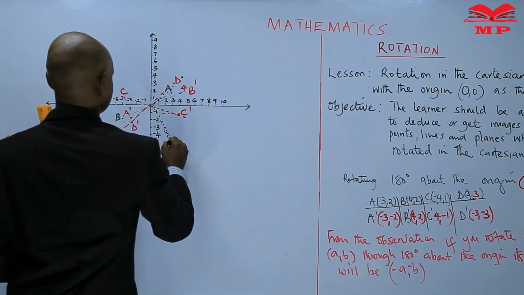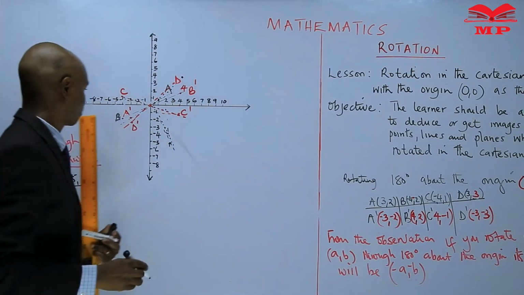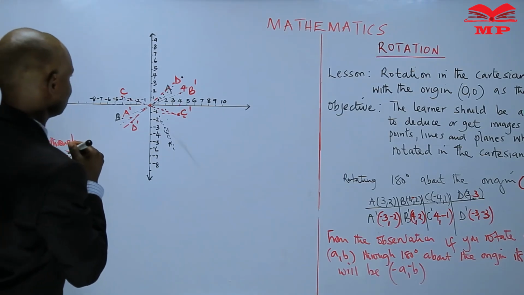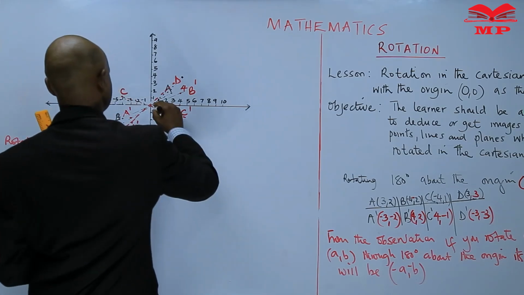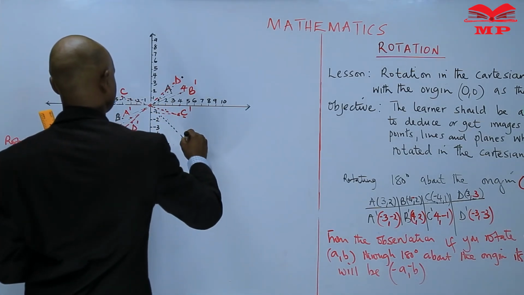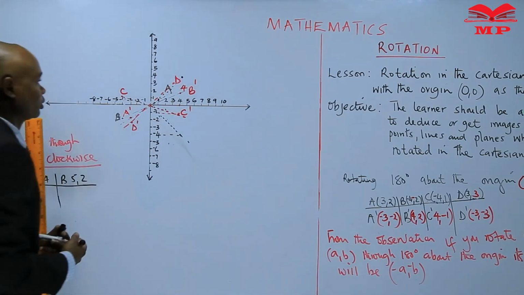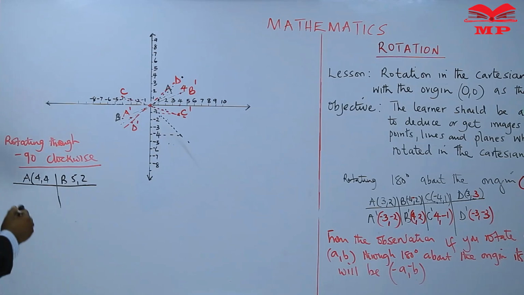Look at what you'll have. It will change to 4, -4.